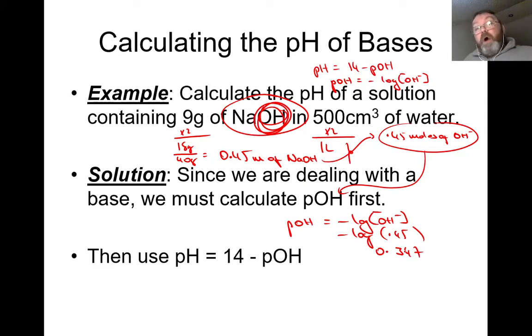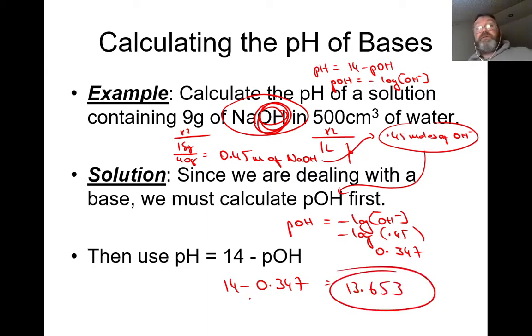But that's the pOH. Finally, to get the pH, it's 14 minus 0.347, and that comes out as 13.653, and that is the pH.